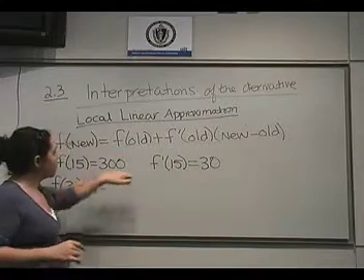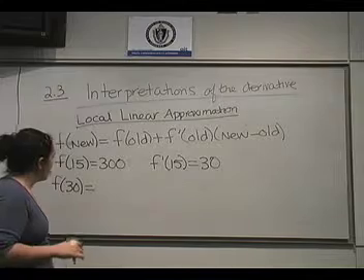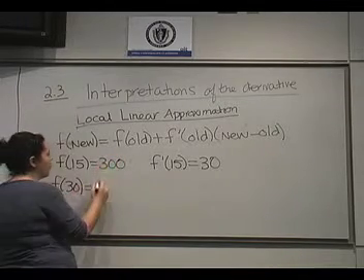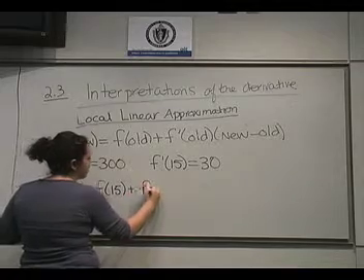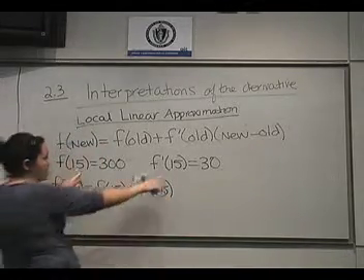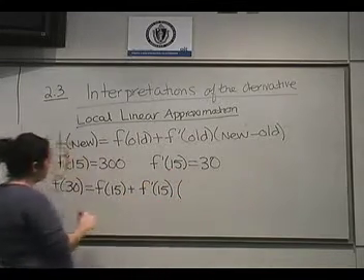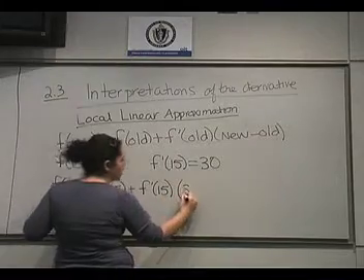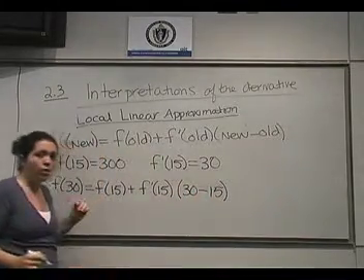Old is the number that I have information about, which is what's going on at 15. So f of 30 will equal f of old, which is f of 15, plus f prime of old. Again, old is 15 because that's the x value I have information about, times new number, which is 30, minus old number, which is 15.